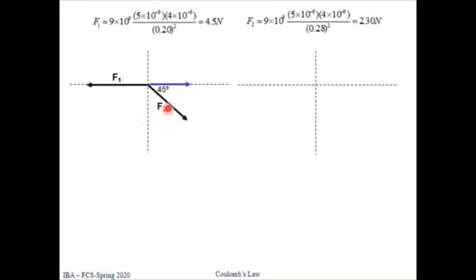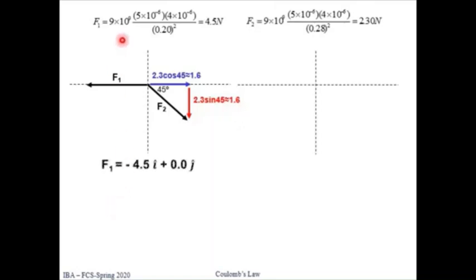One component of F2 is along the positive x-axis, which is the horizontal component, and another is along the negative y-axis, which is called the vertical component. The horizontal component can be determined as 2.3 cos 45, and the vertical component as 2.3 sin 45, which will be 1.6.